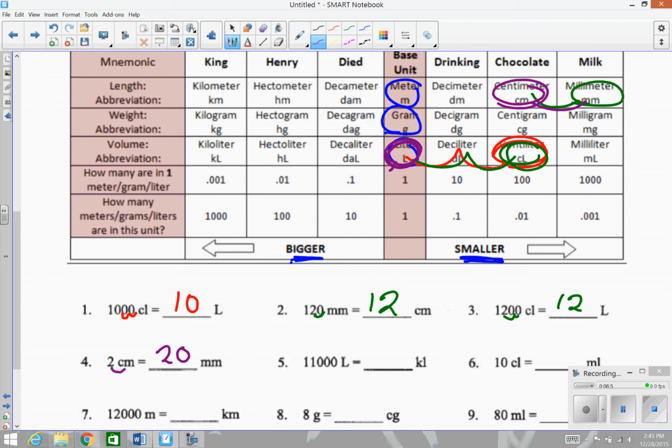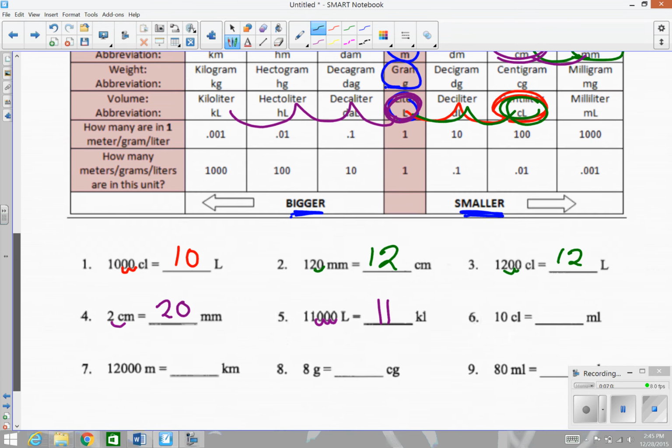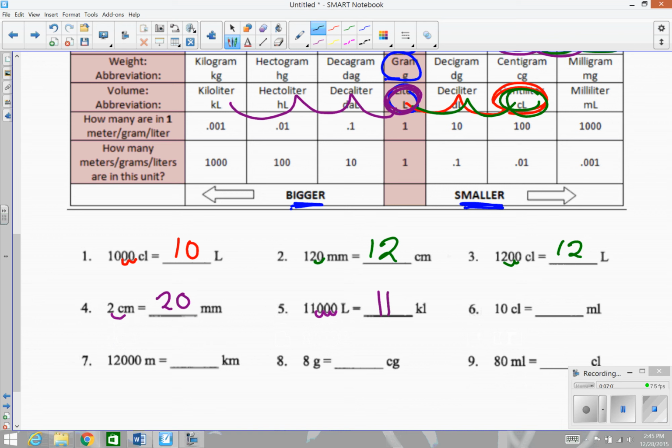So we're moving 1, 2, 3 spaces to the right. You get 11. Next we have 10 centiliters to milliliters. Move 1 space to the right, you're adding a 0, you get 100.